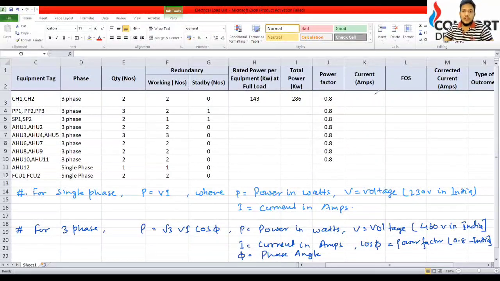So now let us try to determine the current here. Since this is three phase, how can we determine the current? Current is power divided by root 3, voltage and cos phi.